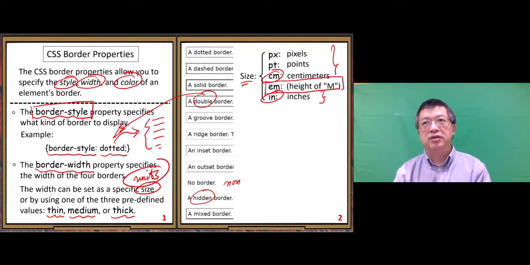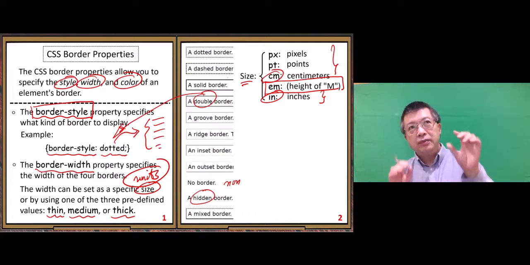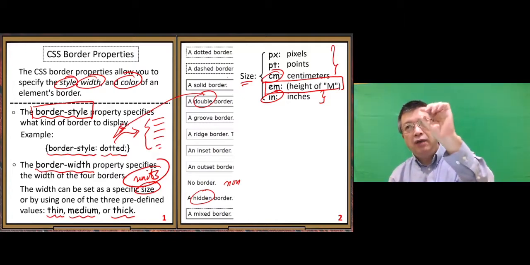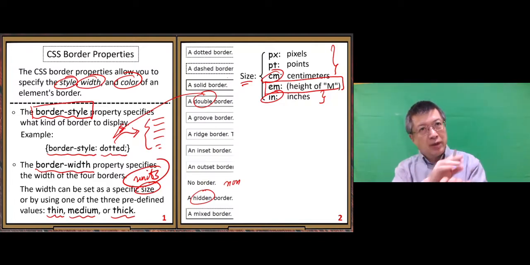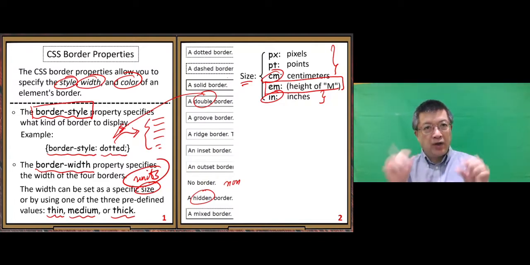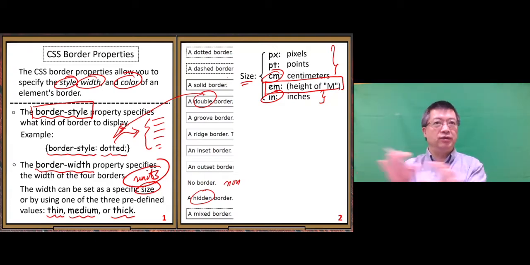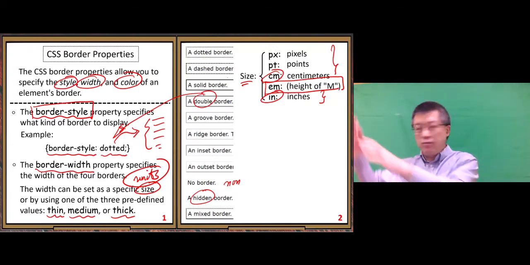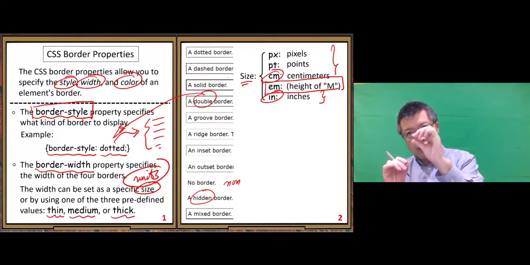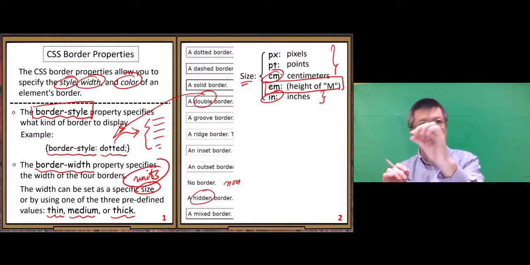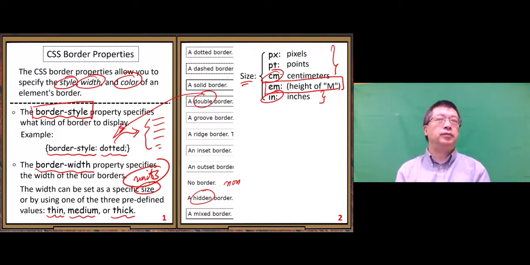EM, so the exact size, that's the height of capital M. So if you type capital M on your current device, whatever it is, big or small, its height is used as the unit of EM, the relative unit.